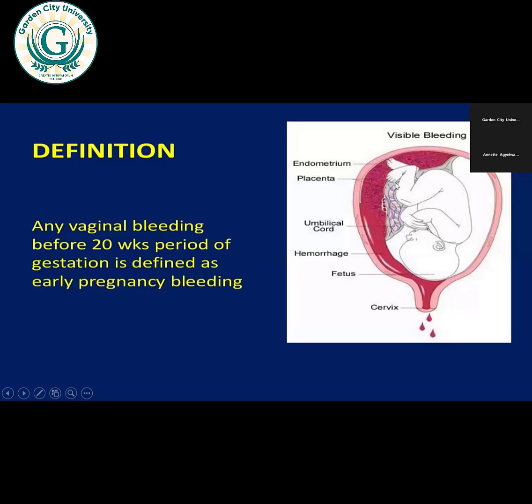And that is the umbilical cord there. So what you have all here is bleeding. That's the bleeding, that's the hemorrhage. While inside here is the fetus. And then the bleeding here is visible because the person is bleeding per vaginum.